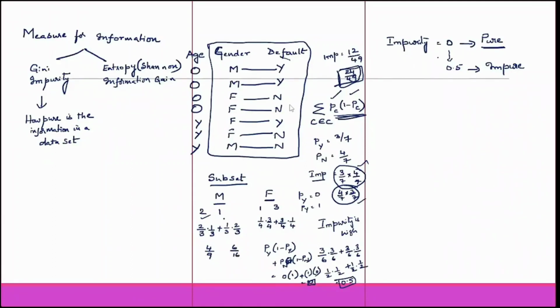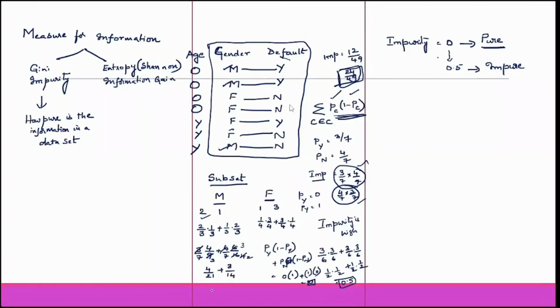Then what we will do is look at the proportion of the males and the proportion of females. So the proportion of the males is 3 by 7, and the proportion of females is 4 by 7. So if I go with the calculation, this becomes 4 by 21 plus 3 by 40.